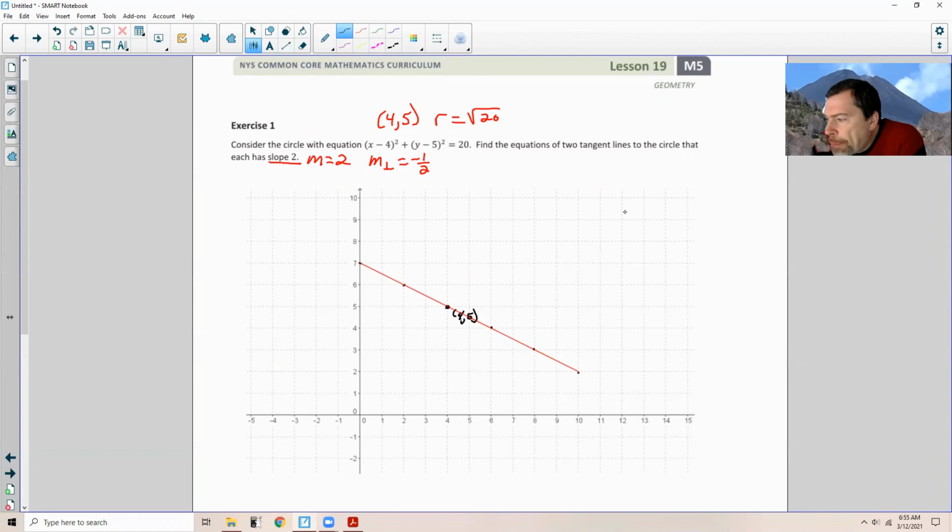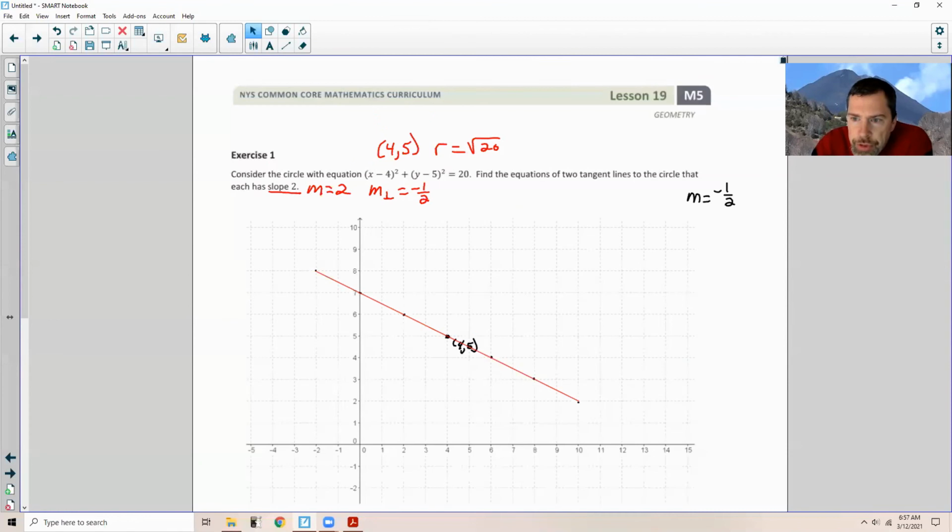So we know the slope equals -1/2, and we have the point (4, 5) on it. Okay, so we're going to use the slope formula now and substitute m in. So we're going to say m, which is -1/2, equals y minus our y, which is 5, over x minus our x, which is 4.